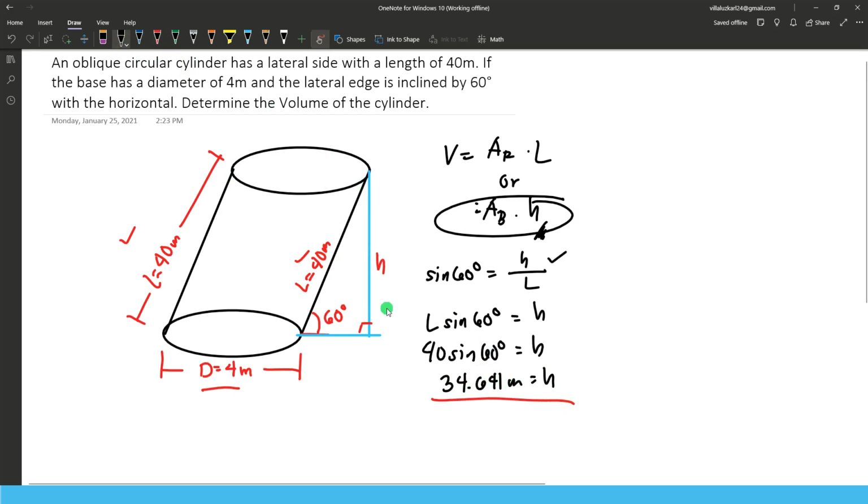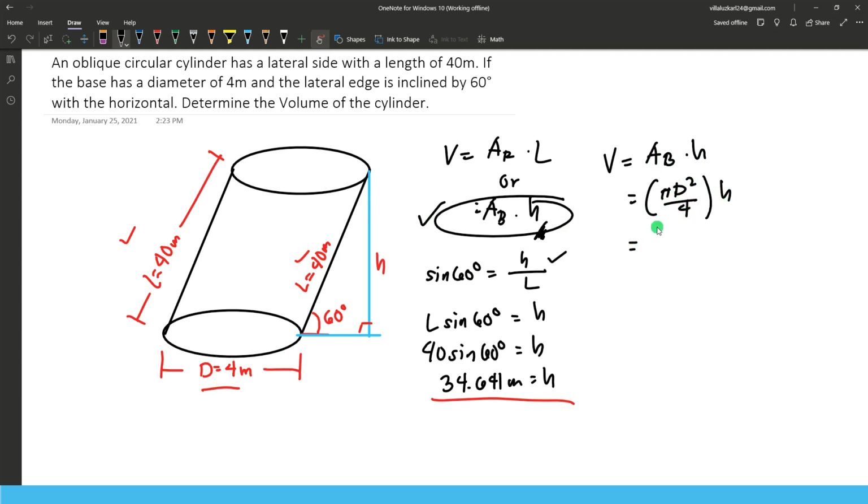Then for the volume, you can now compute using this formula: area of the base times height. The area of the base is just the area of the circle. Given the diameter, you can use pi d squared over 4, multiplied by h.